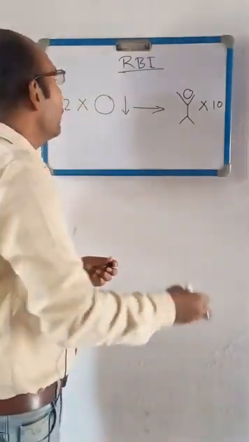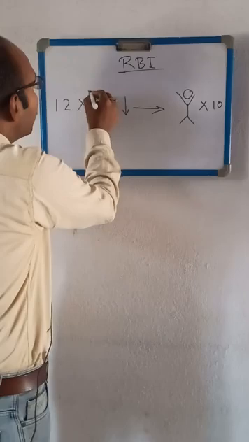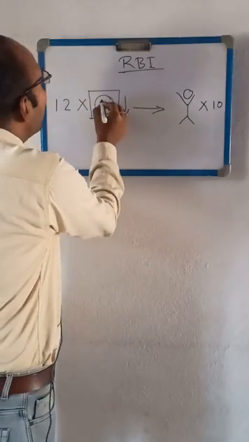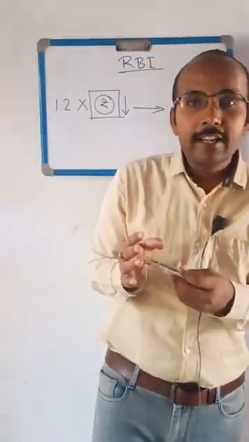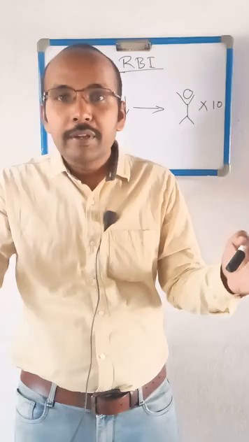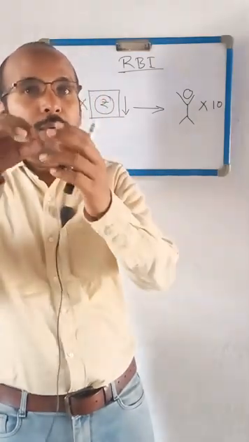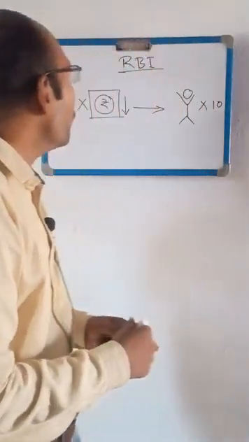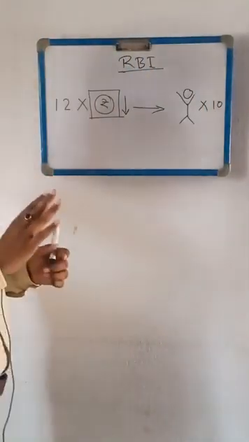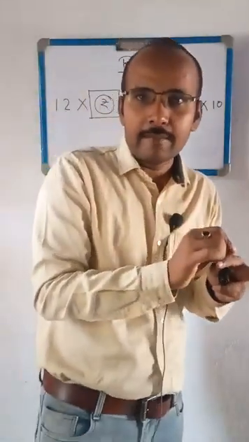Similarly, not only for biscuits but also for rupees. If RBI creates surplus rupees, the value of the rupee will go down, and vice versa. So that is the basic function of RBI.